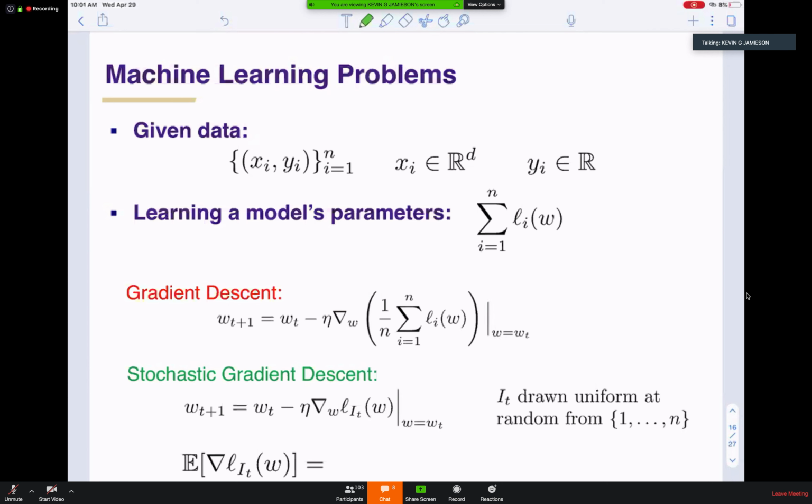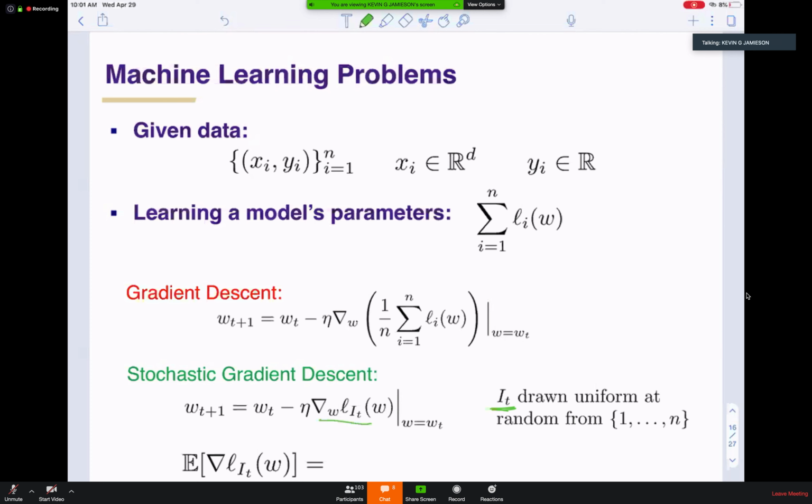Okay? I_t is going to be an index in 1 to n. I have n functions here, and n data points, say. I'm going to draw one uniformly at random, take the gradient of it, and then do that gradient step. Okay, so instead of doing n and averaging them all together, I'm going to do just 1.